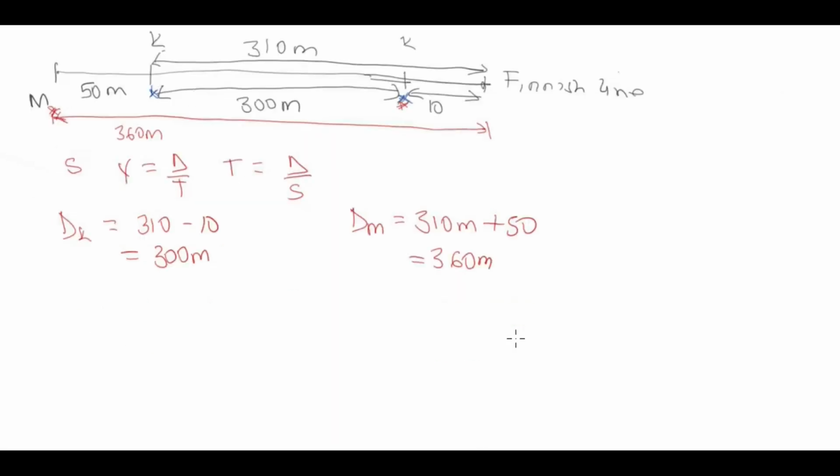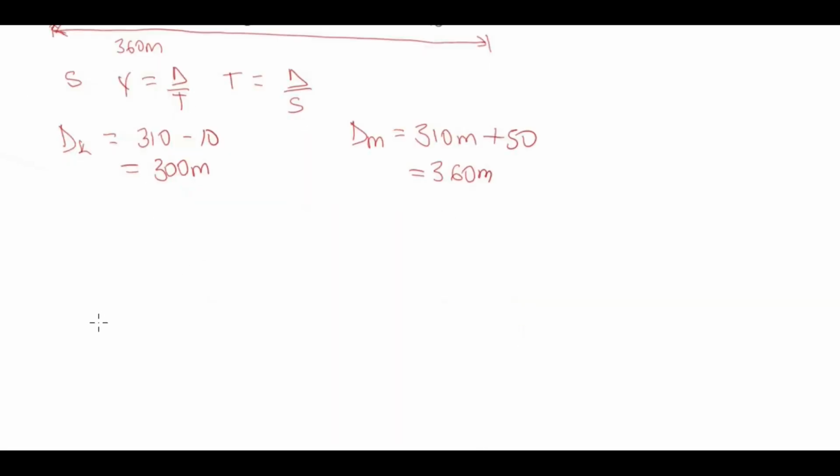Okay, and you are told speed for Kcse, V for Kcse is equals to 5 meters per second.